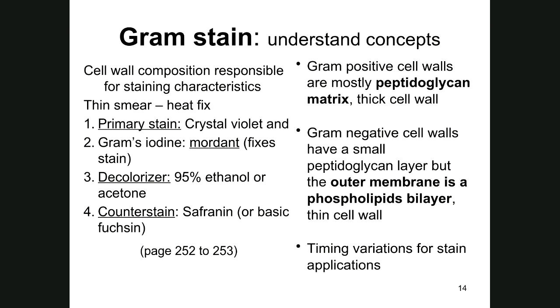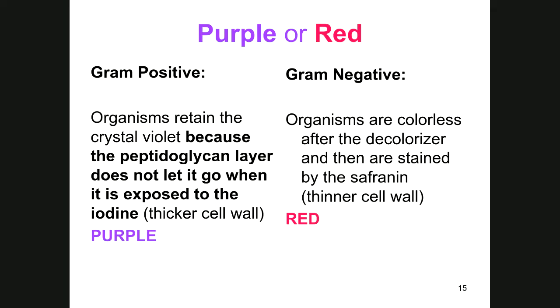So look at the pages and also look at the videos that I have put together to help you know ahead of time how to do the gram stain. So gram positive organisms look purplish. There's a thicker cell wall. It holds on to that purple stain, held in place by the mordant, and with the decolorizer, it still holds it.